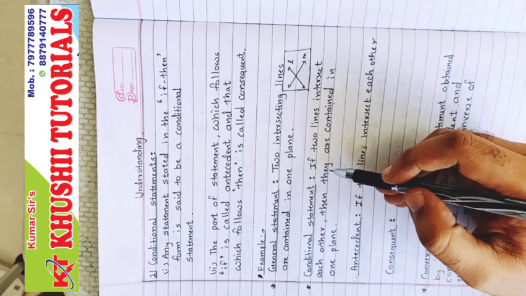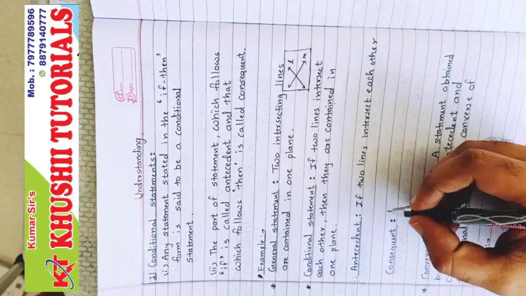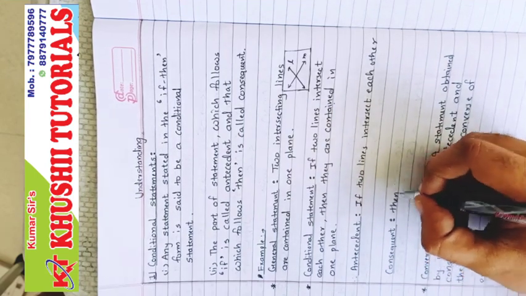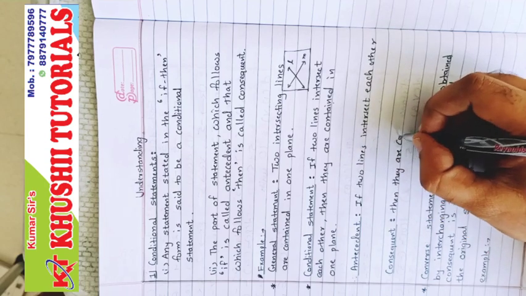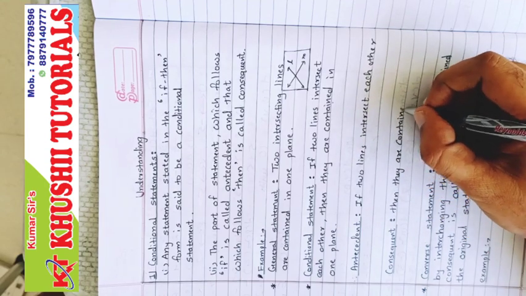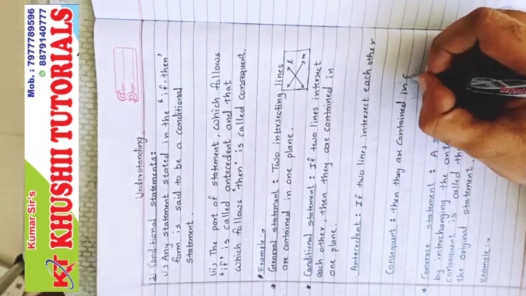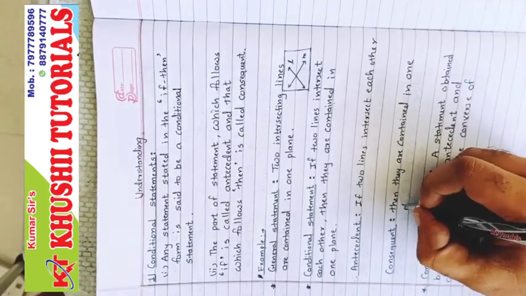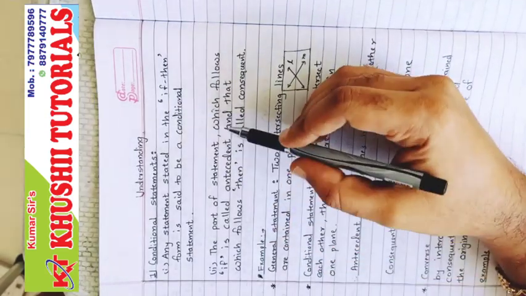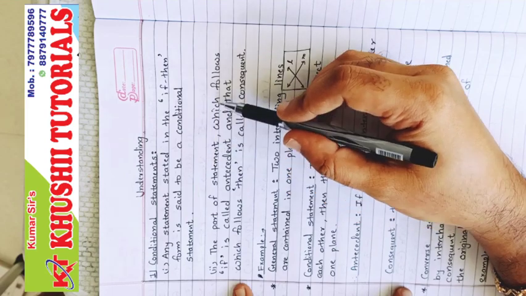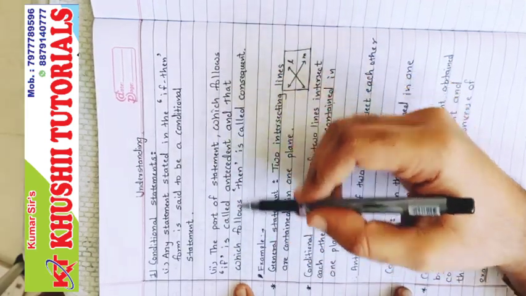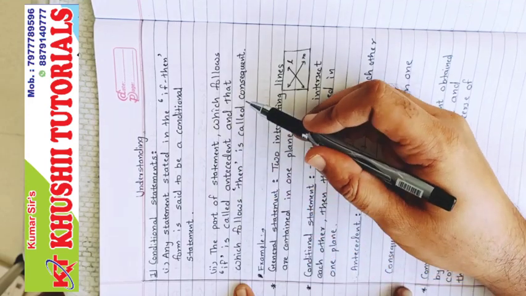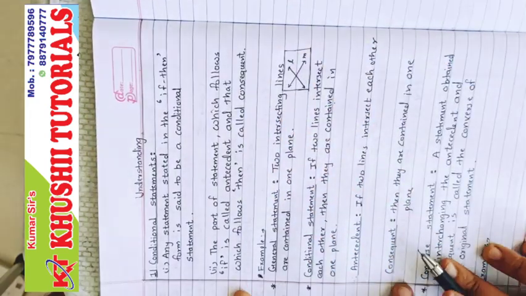So then they are contained in one plane. Correct? So the part of the statement which follows if is called the antecedent, and that which follows then is called the consequent. Hope you understood.